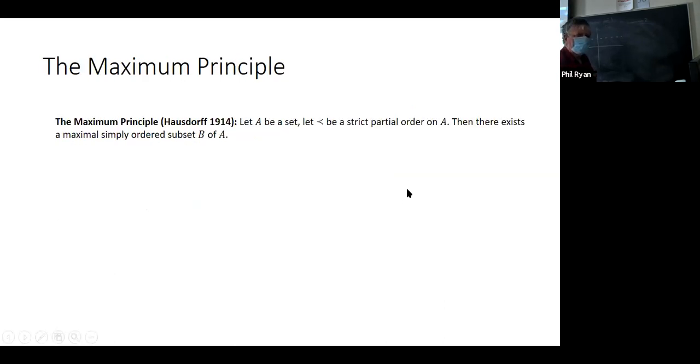Okay. So the maximum principle that we're talking about goes back to Hausdorff, 1914. Let A be a set. Let's say we have a strict partial order on our set. Then there exists a maximal simply ordered subset B of A. Just saying that such a thing exists.